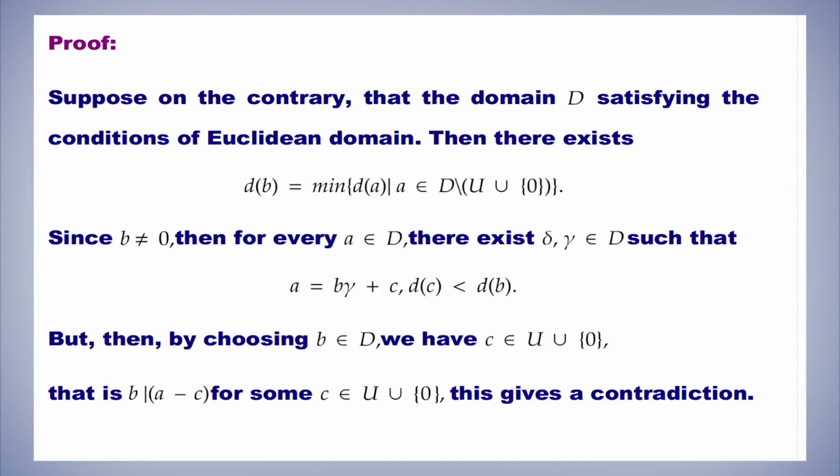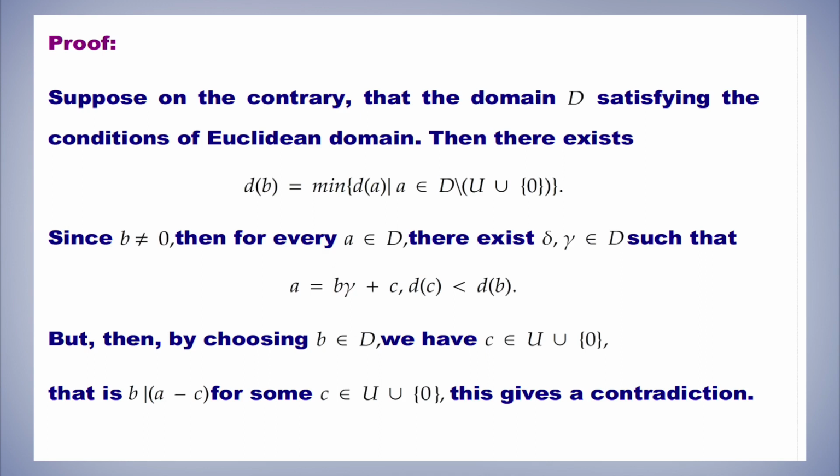Proof: suppose on the contrary, let the domain D satisfy the conditions of the Euclidean domain. Then there exists a B such that d of B equals the minimum of all d of A such that A belongs to D set minus U union singleton 0.